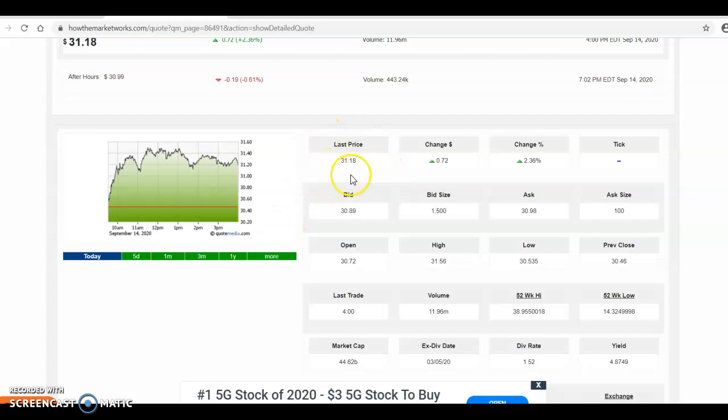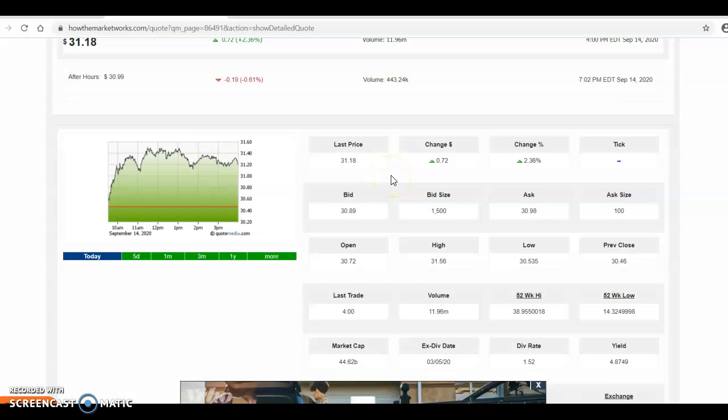Down here they show you a chart, and we'll take a look at charts in a bit. They show you the last price, which is the $31.18. They show you the change, 72 cents. This means it's got a little up triangle in green. That meant it went up by 72 cents since yesterday. So if you only had one share, you made 72 cents on your one share today.